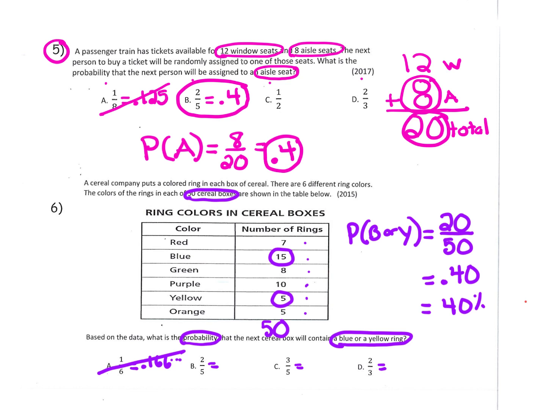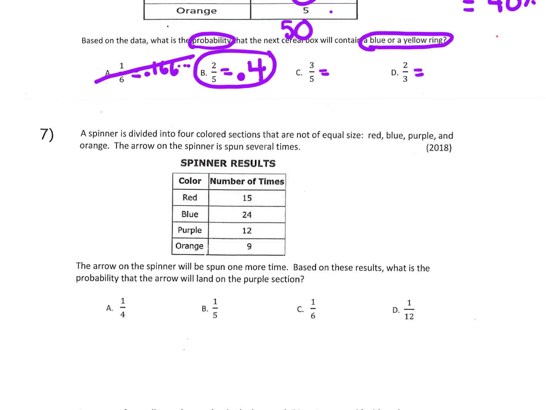Punch in 2 divided by 5 for the next choice. You can see that we get 0.4 here. Clearly, this is the correct probability. So remember, when you hear probability, think fraction, but then convert it to its decimal equivalent. It's much easier to use. Let's go on to the next problem.